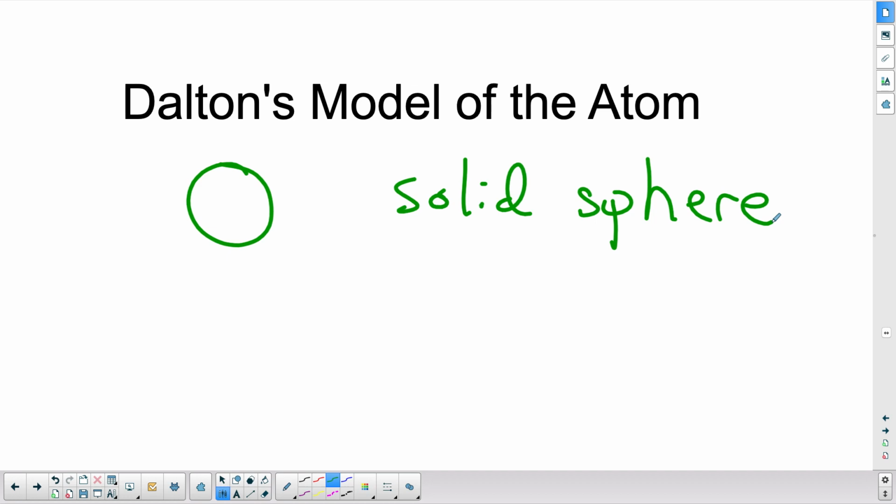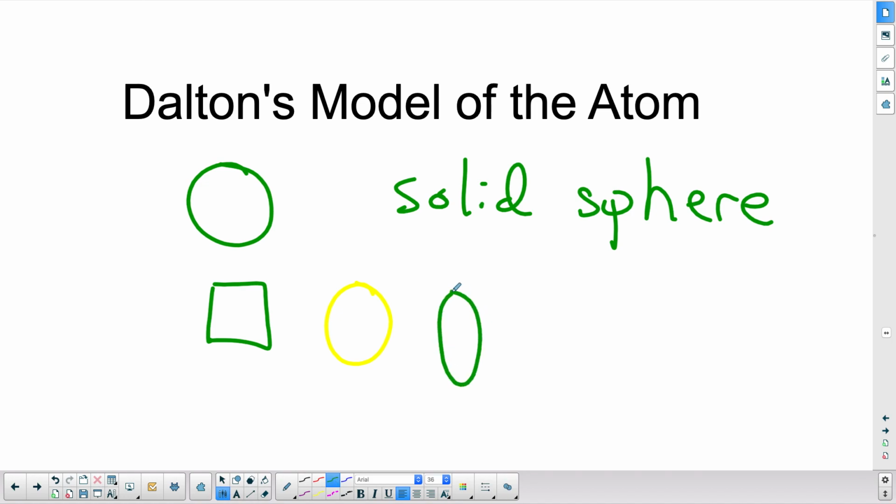No parts. How the atoms of different elements were different, he didn't know. Maybe they're spheres of different colors. Or maybe some of the spheres are oval. Like if this was what carbon was, then nitrogen was sort of similar, but not exactly the same. This is where we are. This is our sort of ending point of last class.